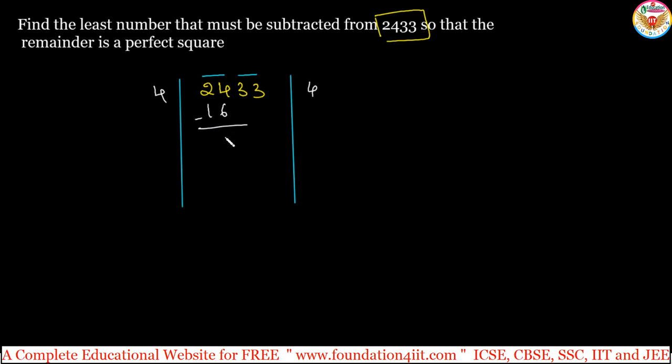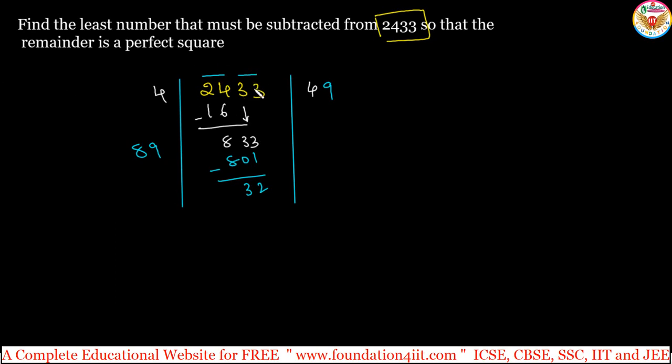Subtract this, 8. The next set is 33. So 4 should be doubled, that is 8. Next, 89 9s are 801. Okay, if you subtract, 32 is the remainder. So 32 extra we got here. So the 32 extra we need to subtract from this.